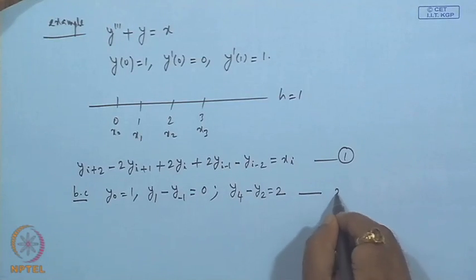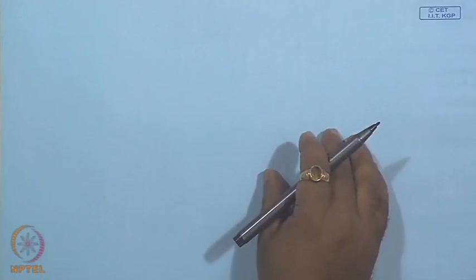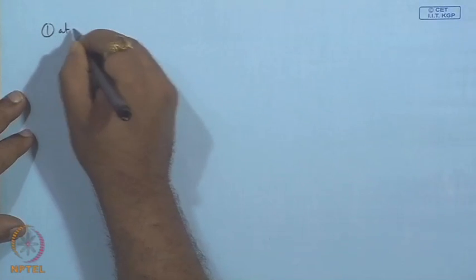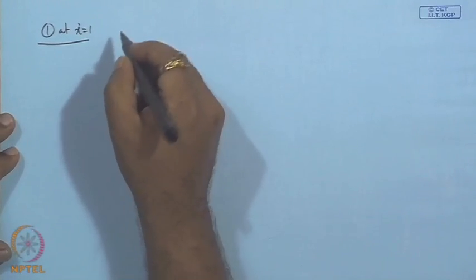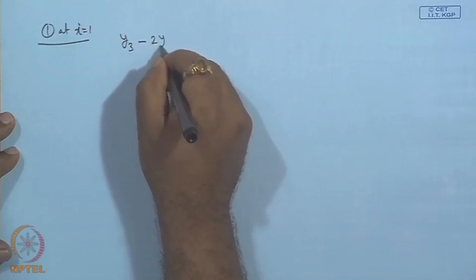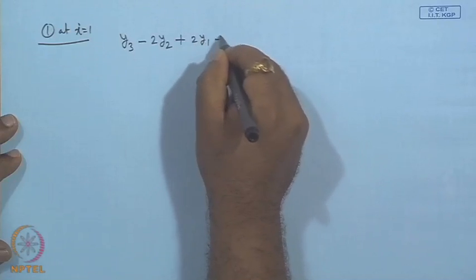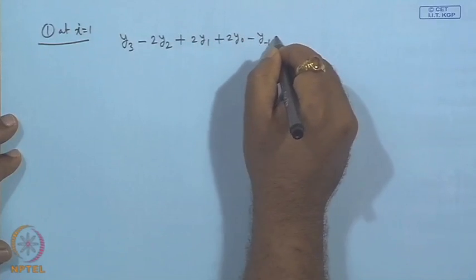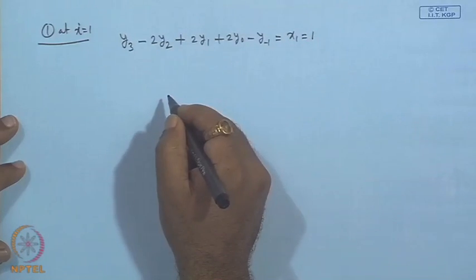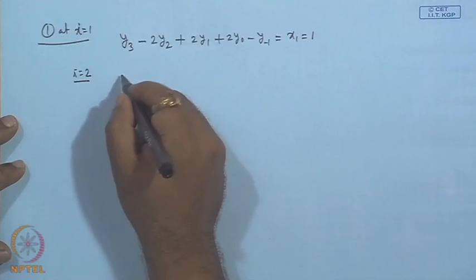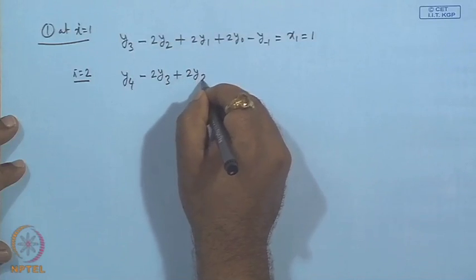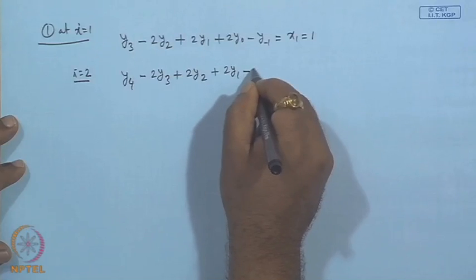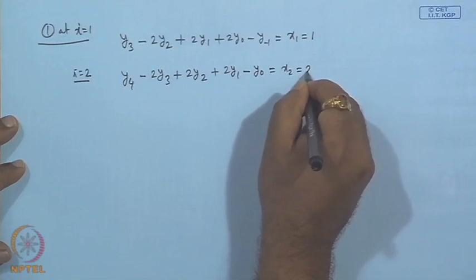So, that goes there. Okay. So, now we write i equals 1. Okay. So, this, then i equals 2. Okay.